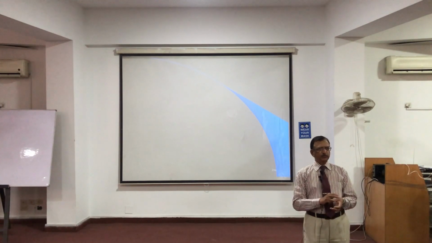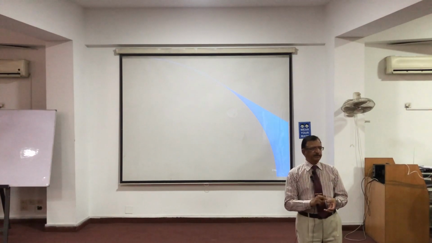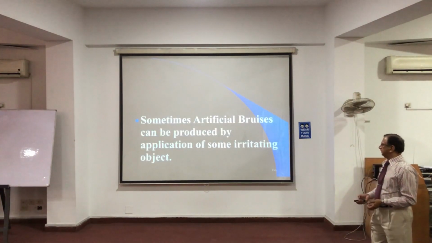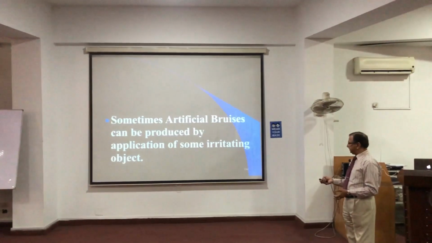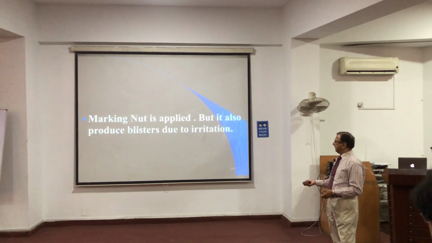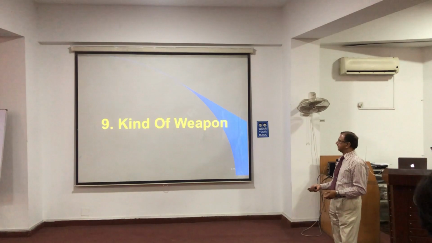This is only superficial erythema, redness and vesicles, not deeper infiltration of blood. So artificial bruises can be produced by the application of an irritating object, usually marking nut, and it can be easily distinguished.